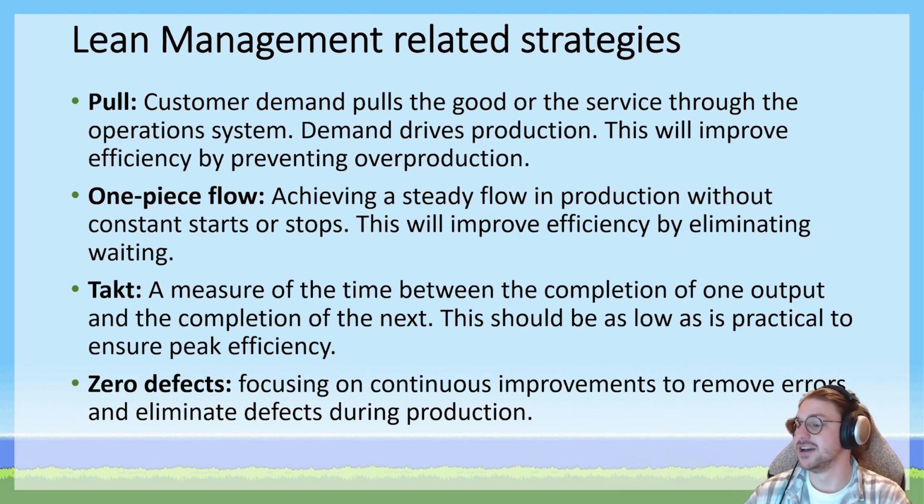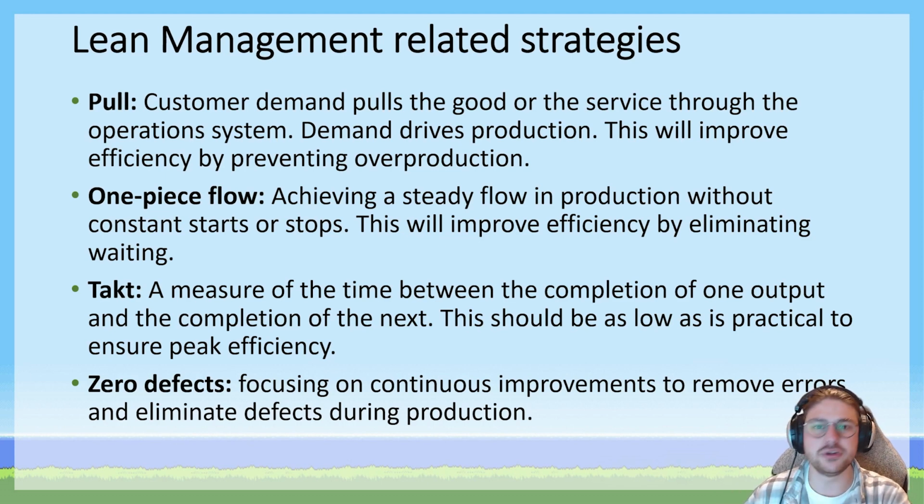Then there's takt, or takt time. It's a measure of time between the completion of one output and the completion of the next output. Ideally, this should be as close together as possible, as long as you're not oversupplying demand. So, ideally, for any operations manager, keeping a close eye on demand.